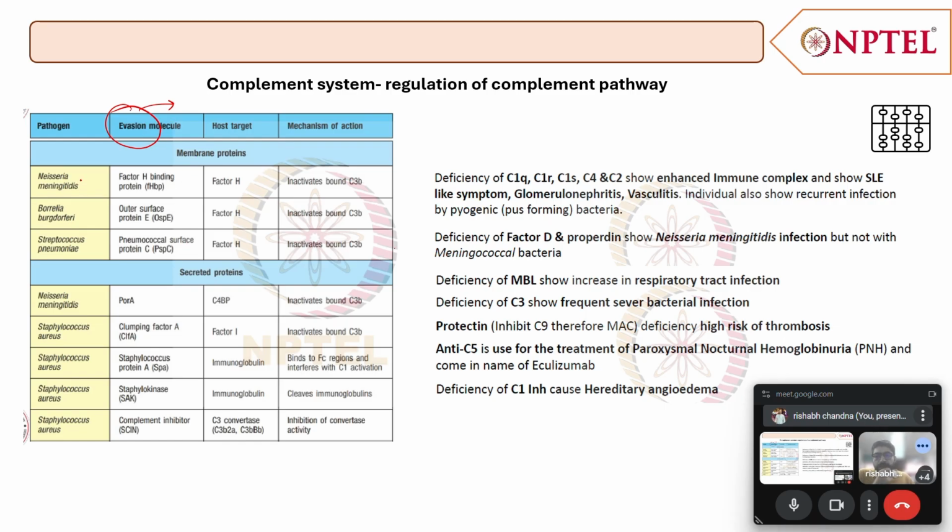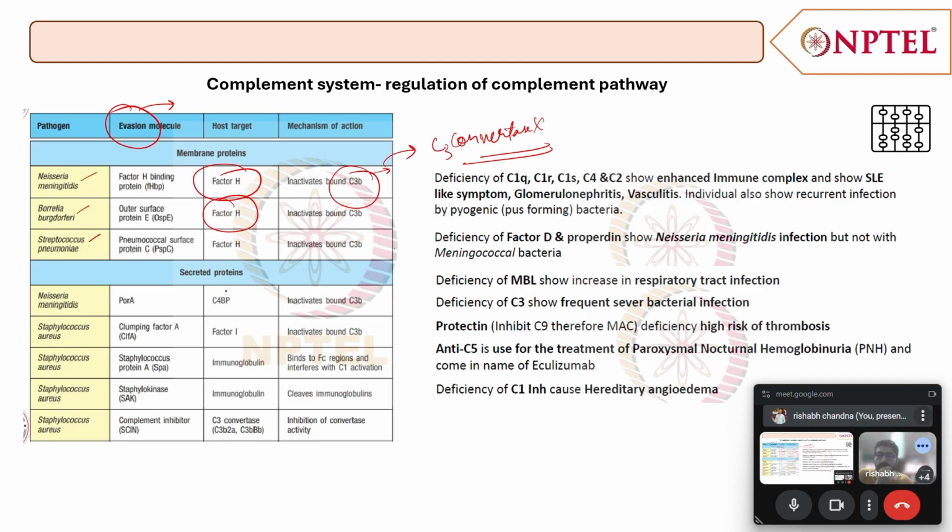For example, Neisseria, Borrelia, and Streptococcus have certain membrane proteins that resemble factor H. This factor H helps in inactivation of the bound C3b from the alternative pathway. So this bound C3b is inactivated, which means the C3 convertase is inactivated. So it will not be able to form the membrane attack complex. So the major amplification step is inactivated.